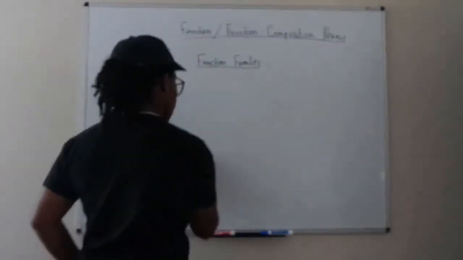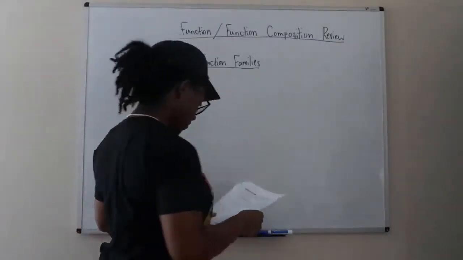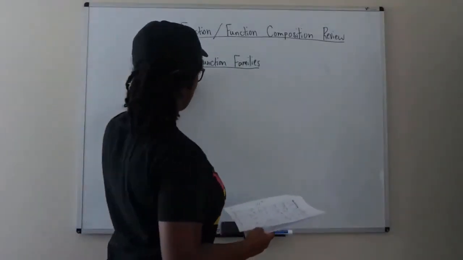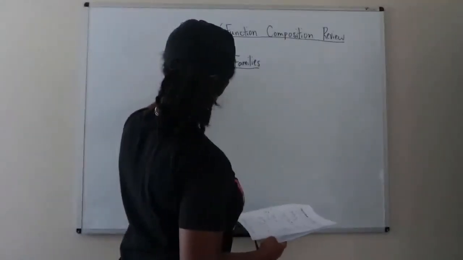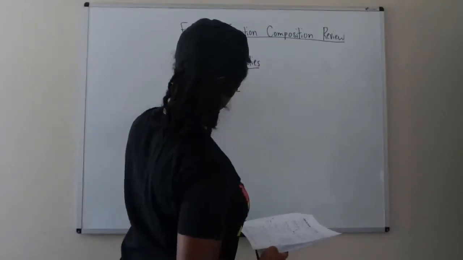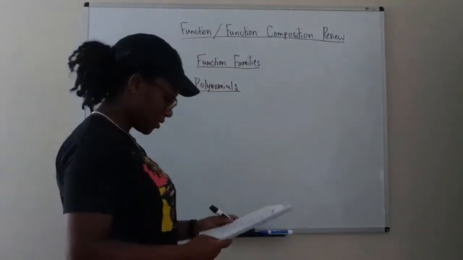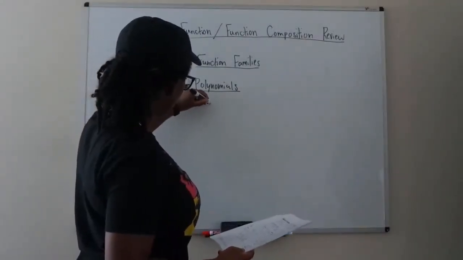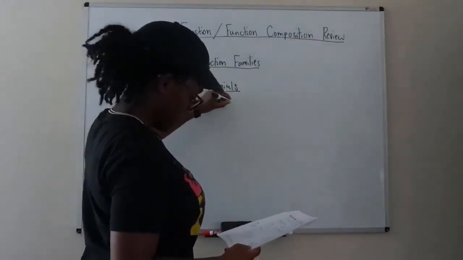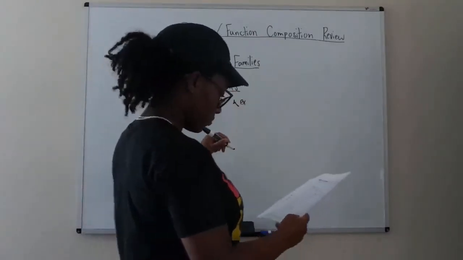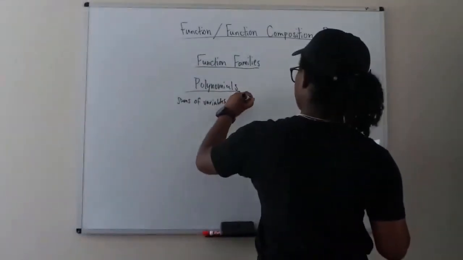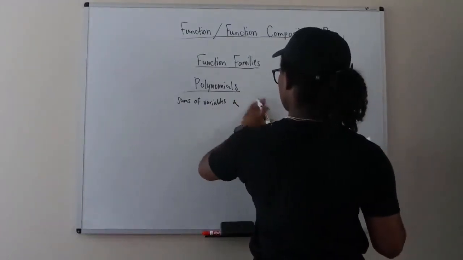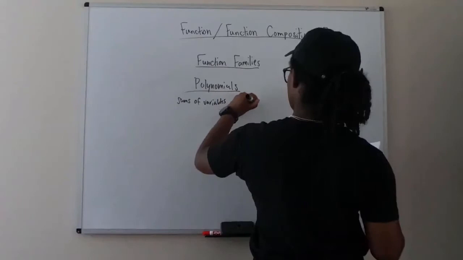Okie dokie, so now we're going to talk about polynomials for a quick second. They show up a lot. You just need to know how to deal with them. So polynomials are just sums of variables and exponents in an expression.